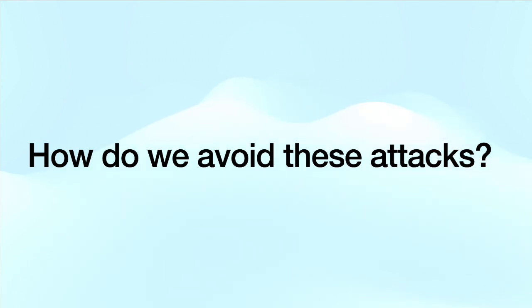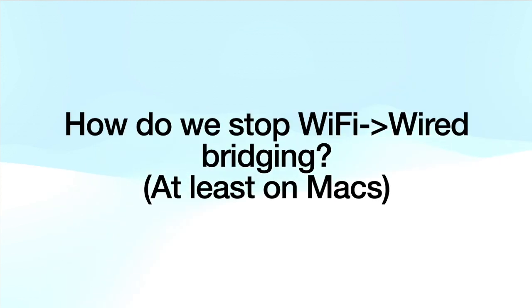So just make sure that you check all of your areas while you're already there. Everyone can create Wi-Fi networks anywhere with pretty crappy security. So if you do manage Macs, make sure that you disable all the profiles that you can, just to avoid future conflict. All right, so this is how we can stop Wi-Fi and wired bridging on Macs at least.